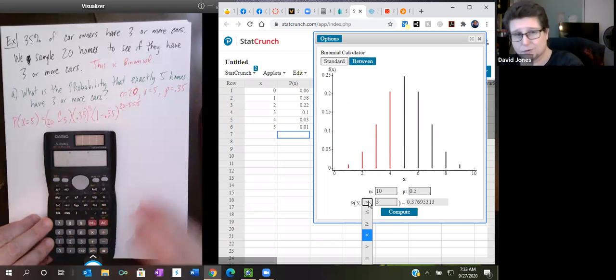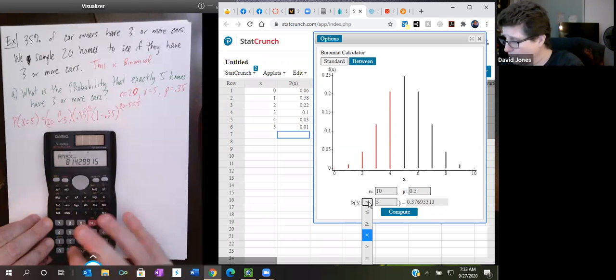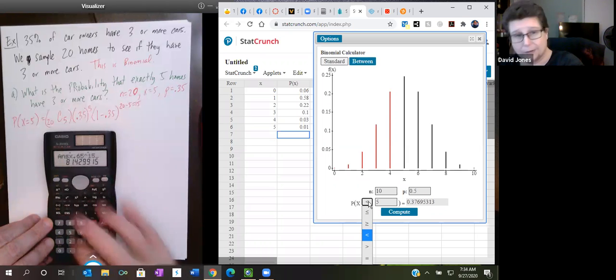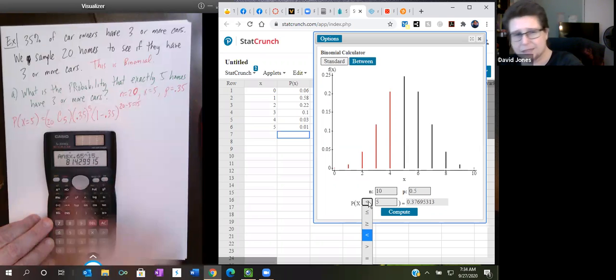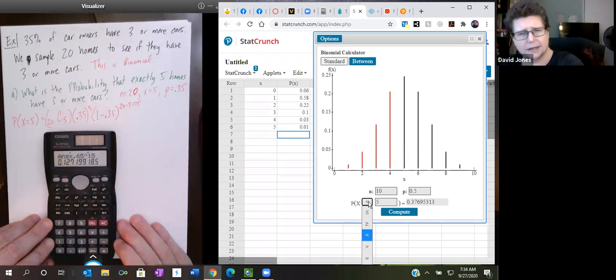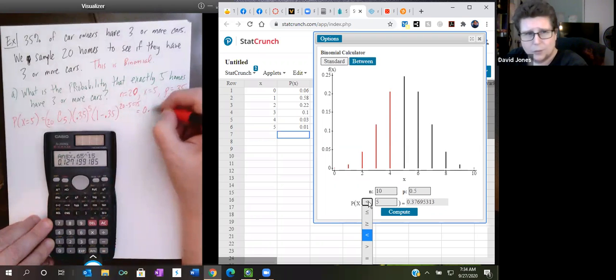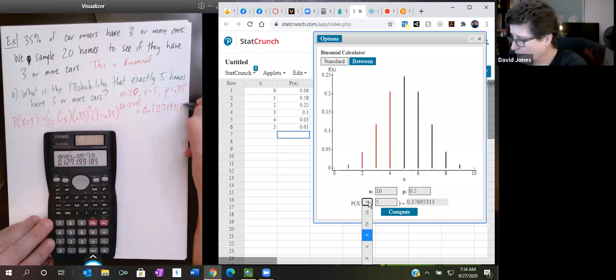And I'm going to say equals real quick, and then times 1 minus 0.35 is 0.65 raised to the 15th power. That little caret symbol is the exponent sign, and we talked about that in math lab, I believe. Maybe not in your guys' class. The calculator is telling me 0.127199185.